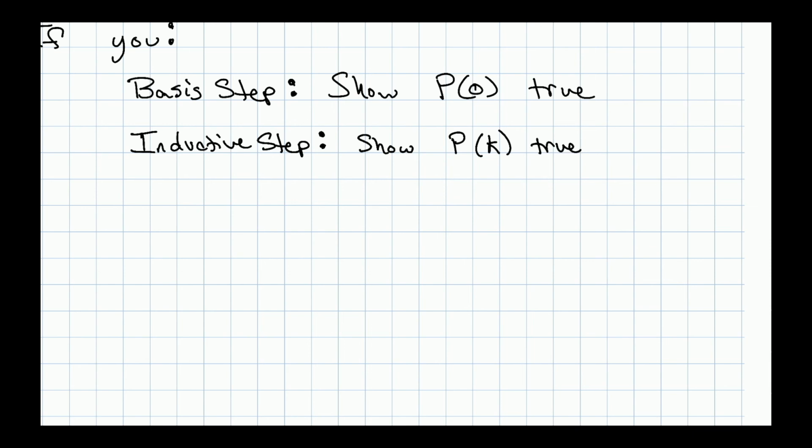I'm using k instead of n because n is kind of like our standard variable, and k is going to be the one that we're plugging in here. You'll see when we do a proof. So show P of k true implies P of k plus 1 true. All right, and that's it.